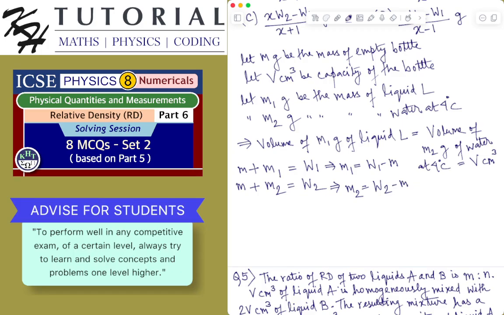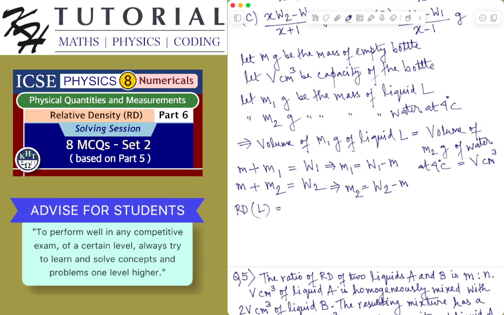Now, what is the relative density of the liquid L? We know an alternative formula for the relative density of a substance. It is the mass of a certain volume of that substance divided by the mass of that same volume of water at 4 degrees centigrade.